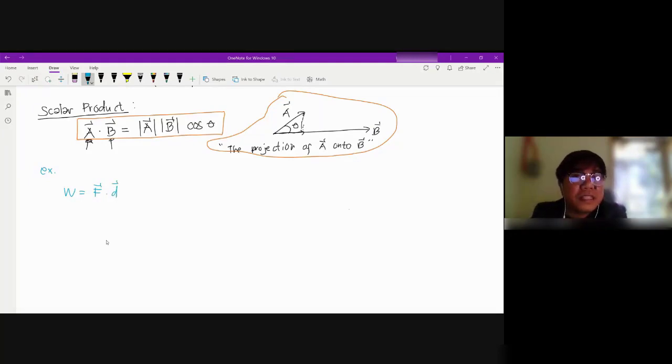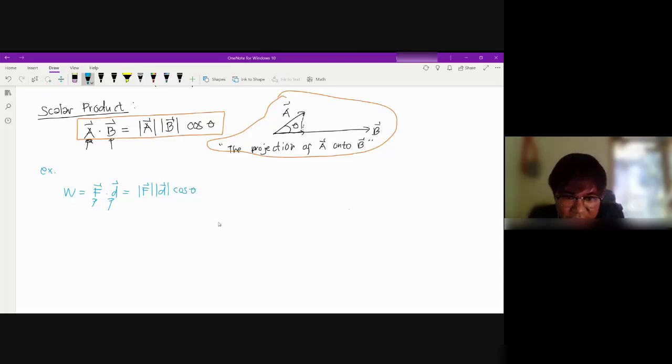So that's why sa una, okay, i-discuss naman natin yung thoroughly, but then diri na to makita ang manifestation sa imong scalar product. So work is just, by definition, kuhaon nimo ang magnitude sa first times magnitude sa second. So that would mean na kay magnitude sa imong force here times magnitude sa imong displacement, and then cosine of the angle between the two.